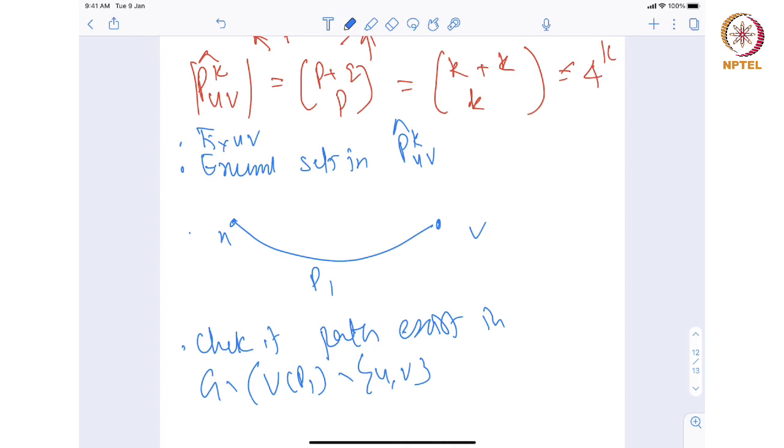There exists a path from V to U in this. If there exists a path, that will act as a P2, right? And that's a path of length at least k.